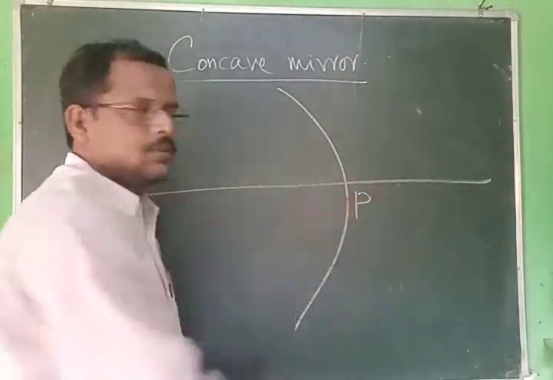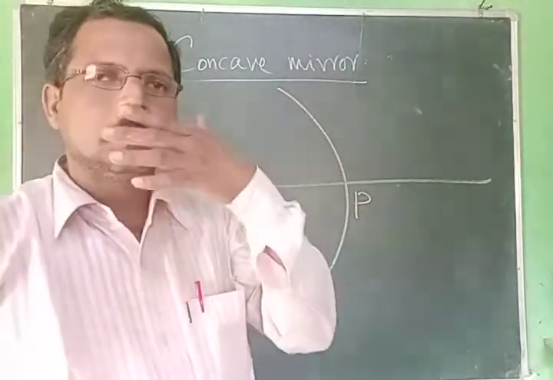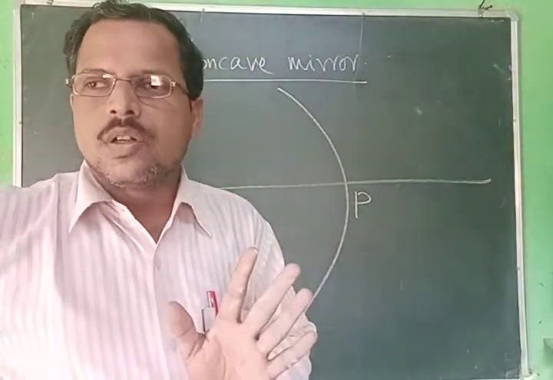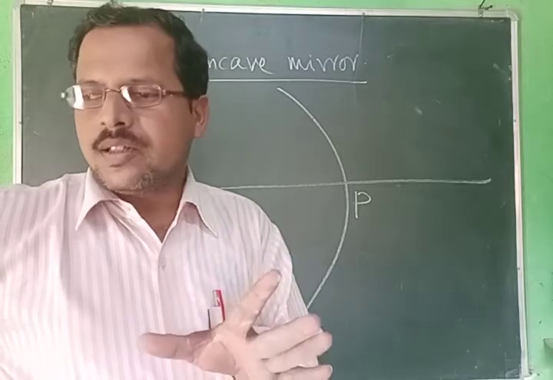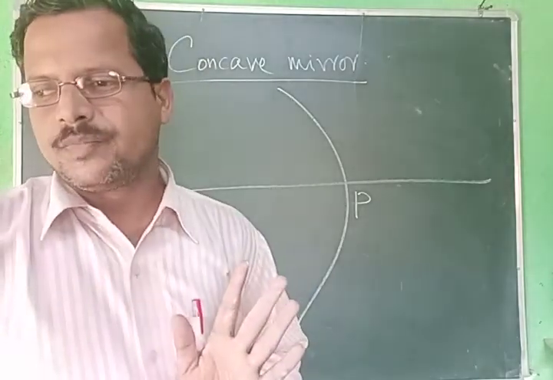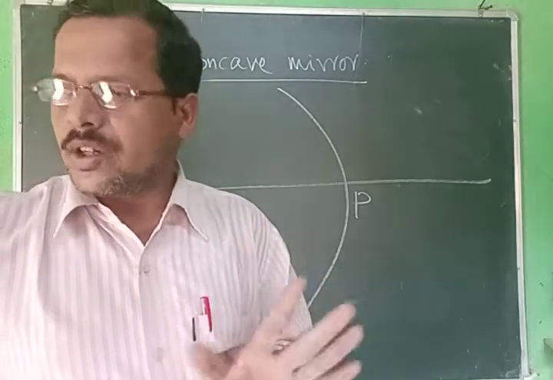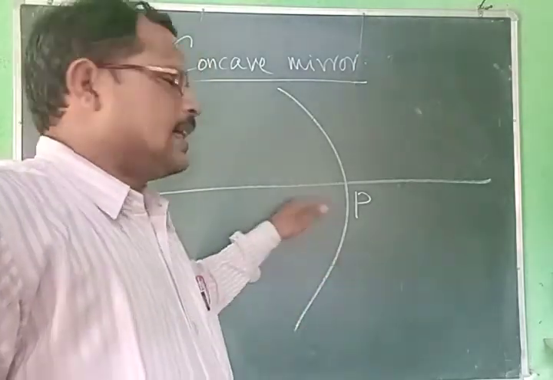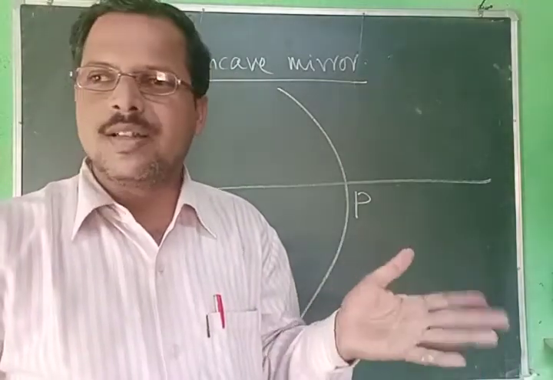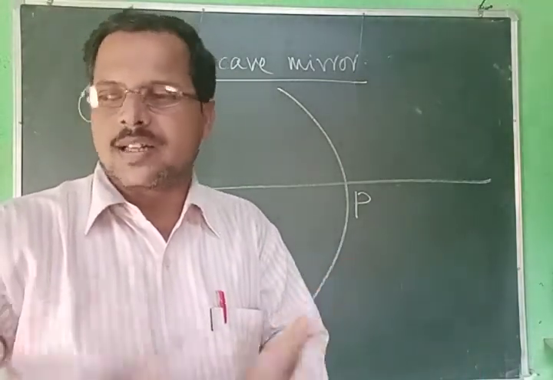This is the pole here. Okay, this is the pole. So any line passing through the center of curvature gets back on the same path, no deviation of direction.